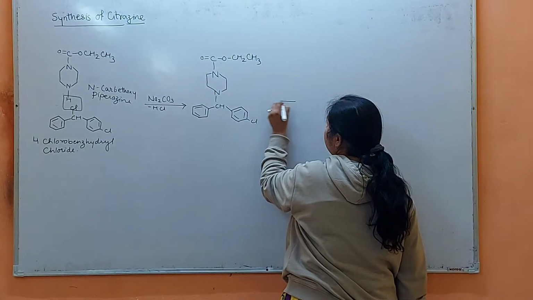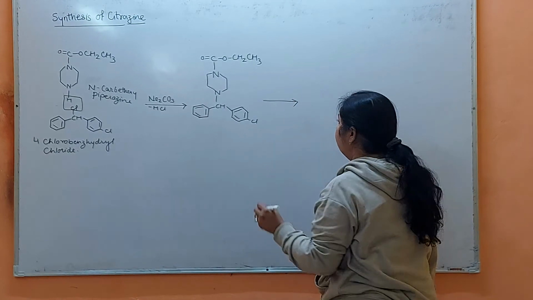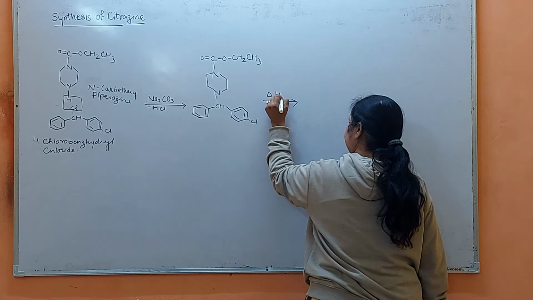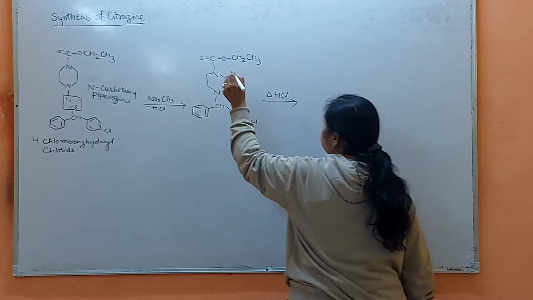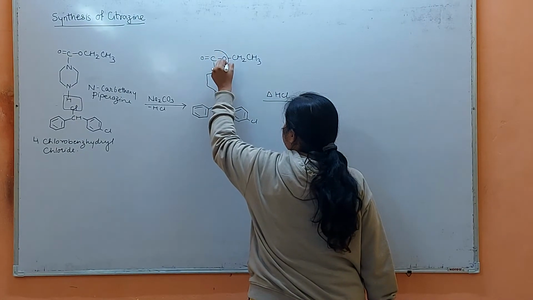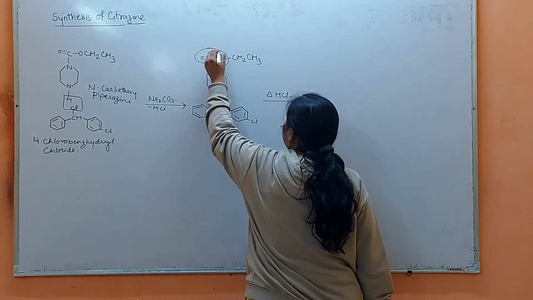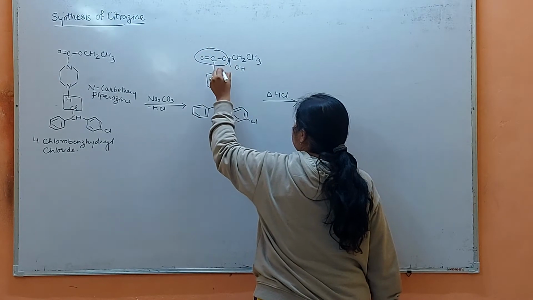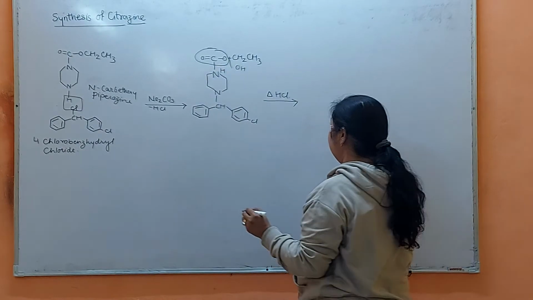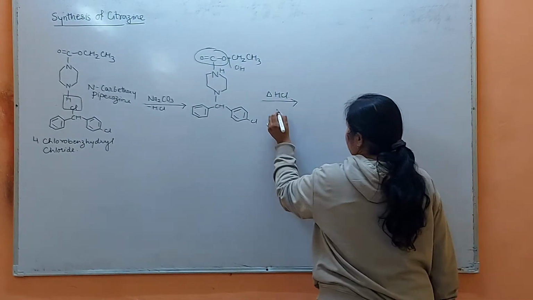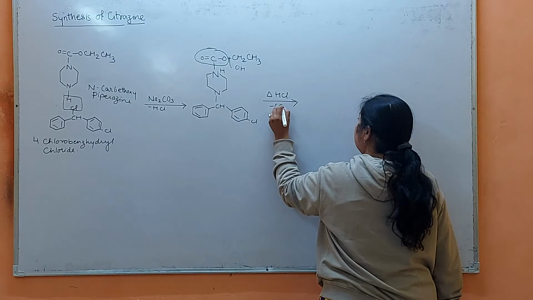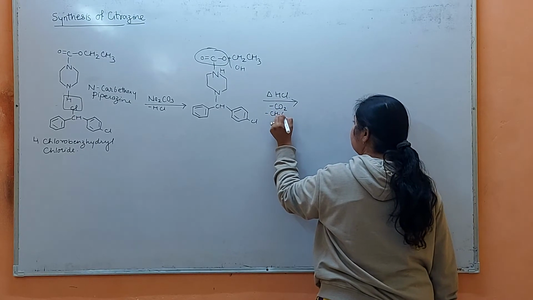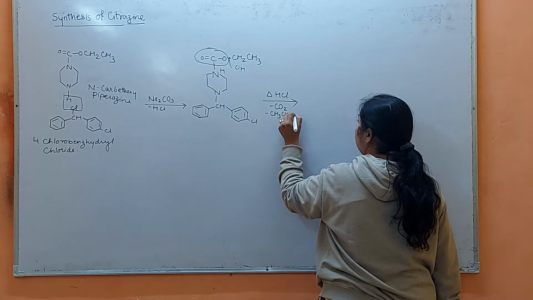Now see, when heated in presence of HCl, try to understand, the CO2 will be removed and there is the addition of water. So OH will be added here and H will be added here. So it will be minus CO2 and minus CH3CH2OH, that is ethyl alcohol.